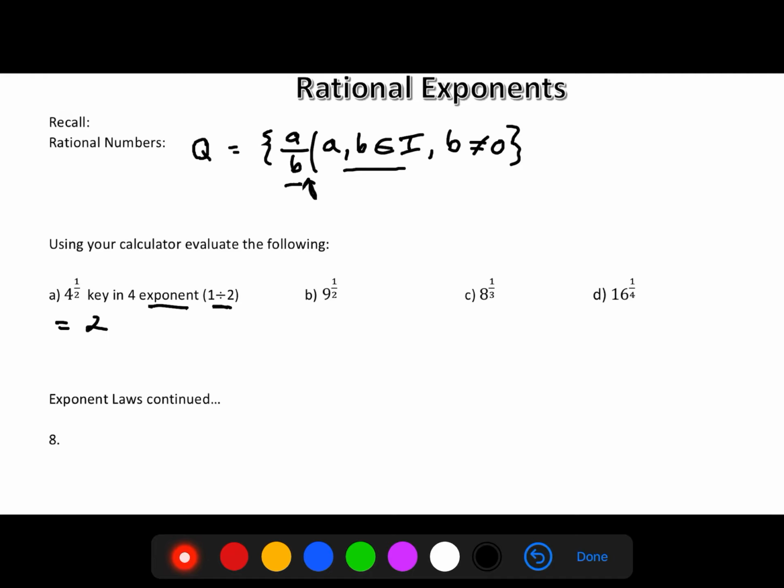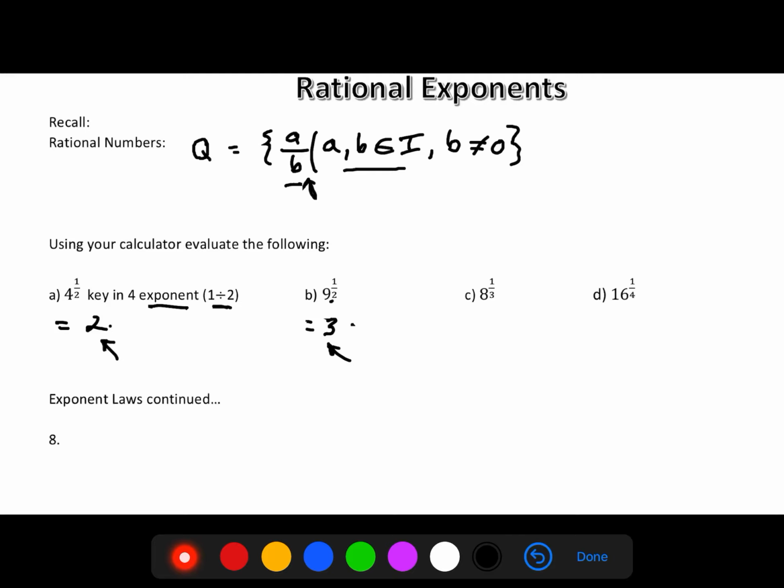So 4, exponent button, bracket 1 divided by 2, equals. And you should find that you're getting an answer of 2. If we do the same thing, 9 exponent bracket 1 divided by 2, we get 3.